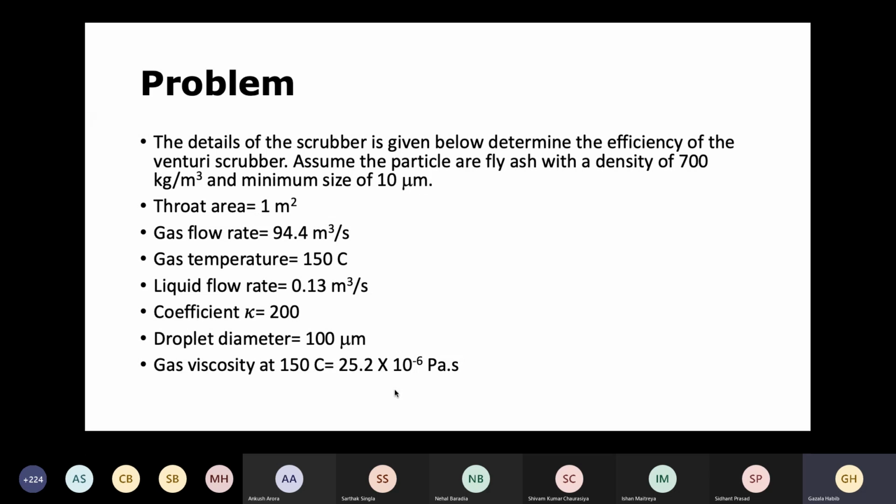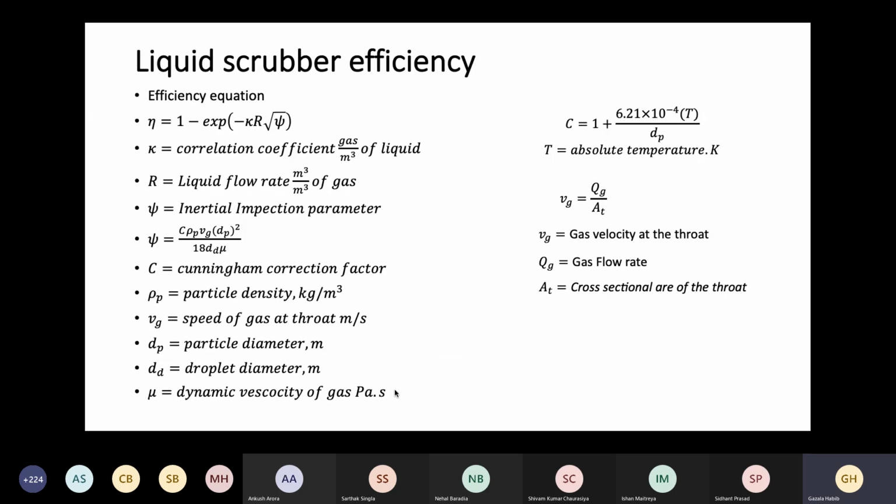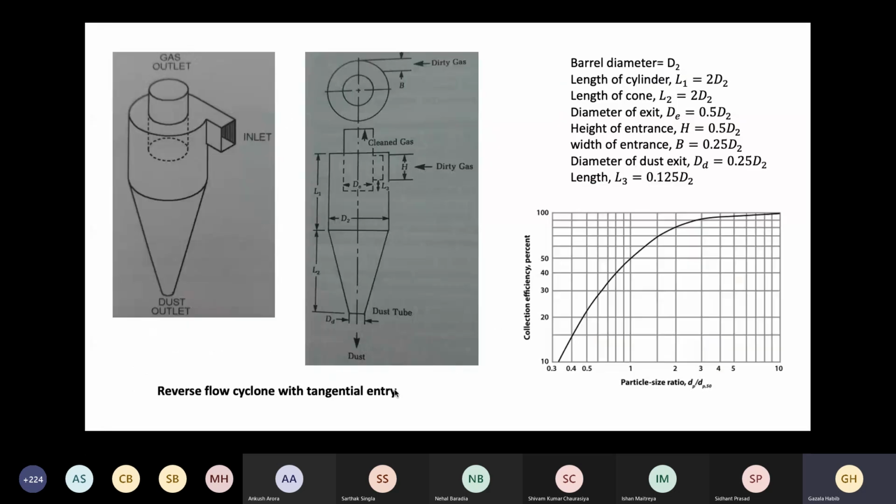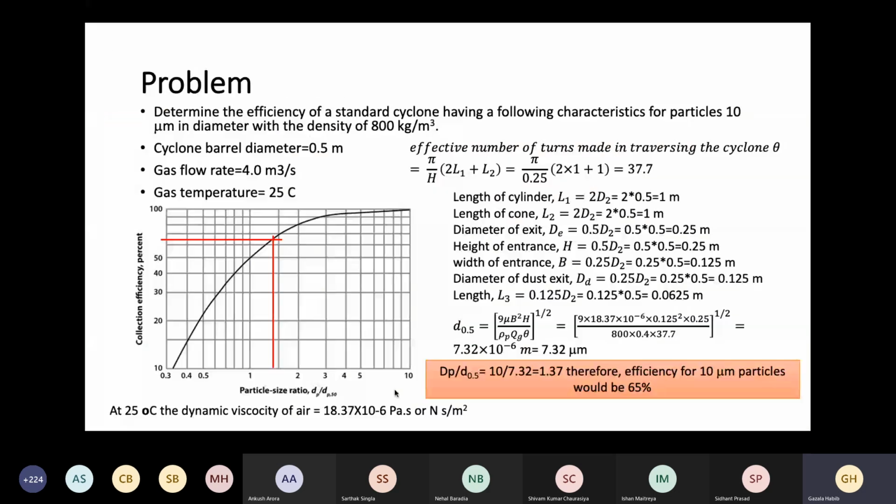Sometimes this may come, but in this case, this is the density of the particle, not of the gas.